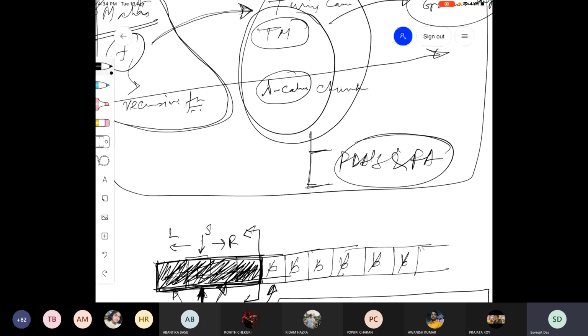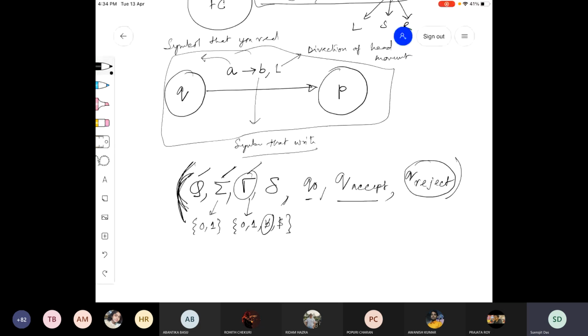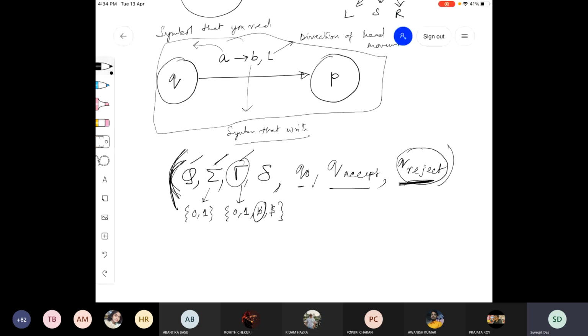So without any loss of originality, I like to keep Q reject as another dedicated state to reject. Often, if from a state there is no transition, it automatically means that it should be going to some reject state. But to enumerate the machine with its full description, I prefer to have this state.